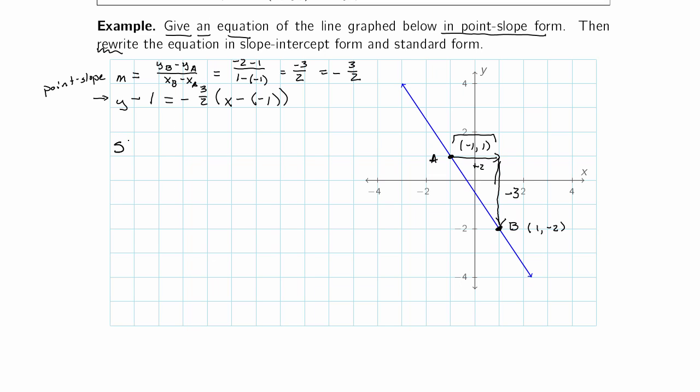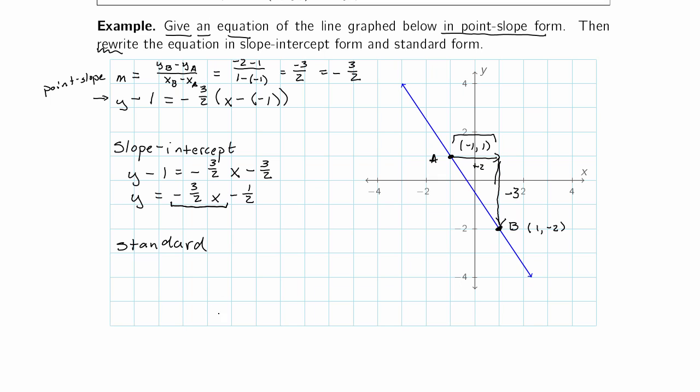Now to get slope-intercept, I take that equation that I have and solve it for y. So first I'm going to distribute that -3/2, and then I'm going to add 1 to both sides. And there's my slope-intercept form. To get standard form, well, I need to have all my variable terms on one side. So I'm going to add this 3/2 x to both sides. I'll have 3/2 x plus y equals -1/2.